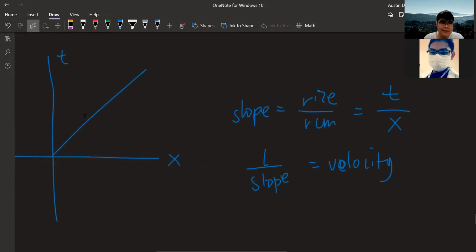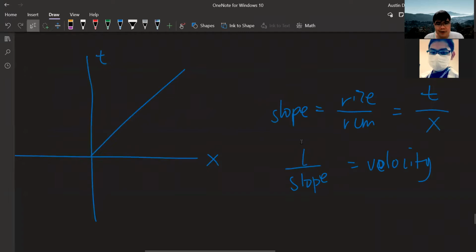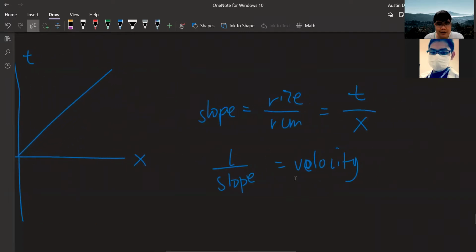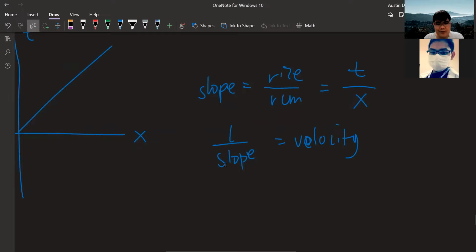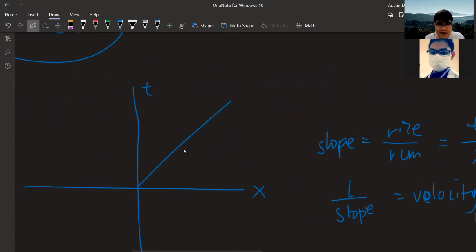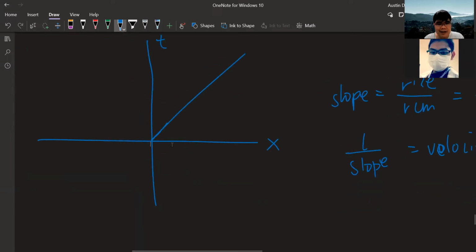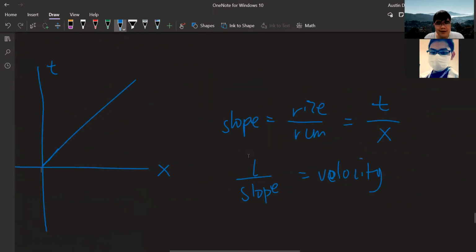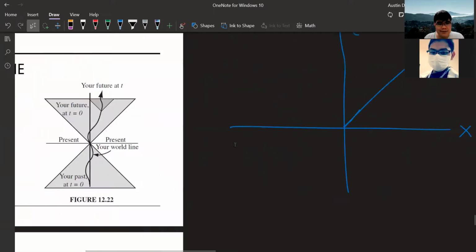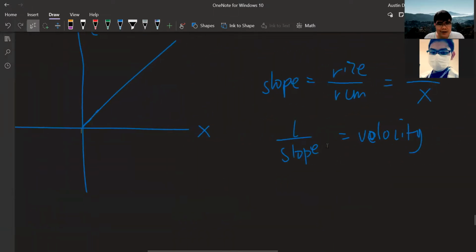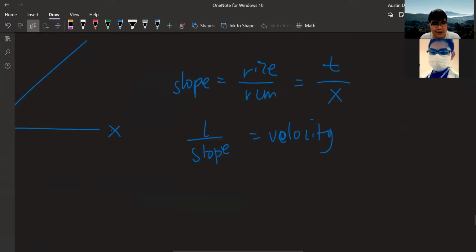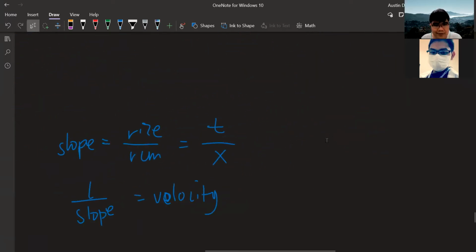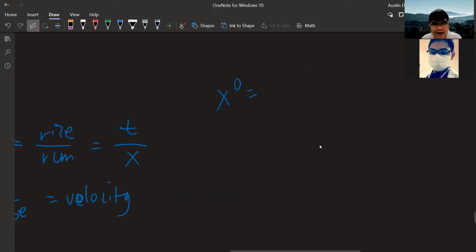So para makita mo yung velocity ng isang object, mag-drawing ka ng space-time diagram, dapat kunin mo yung 1 over slope. Okay? So yung velocity ng object, hindi pwedeng mag-exceed ng itong linyang to. Dahil ito yung speed of light. Kasi di ba, in equal footing na natin ngayon yung speed of light with yung unang vector natin. Okay, so dapat yung x0 natin, guys, ct.